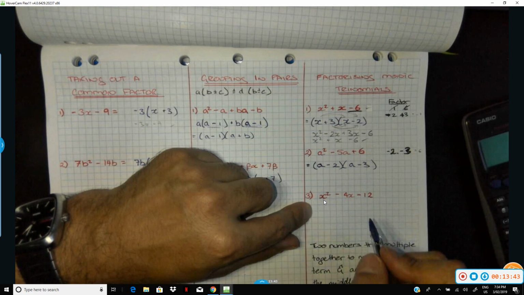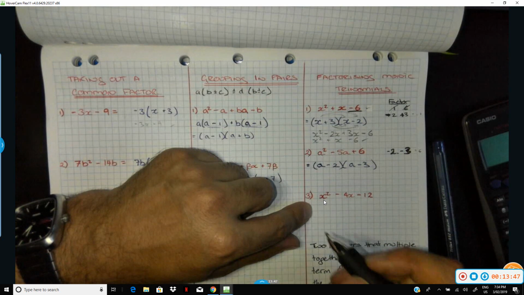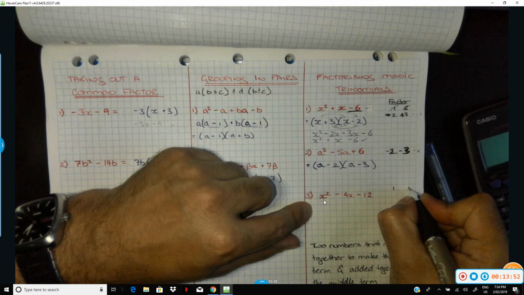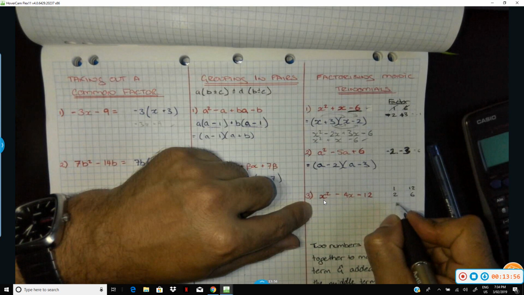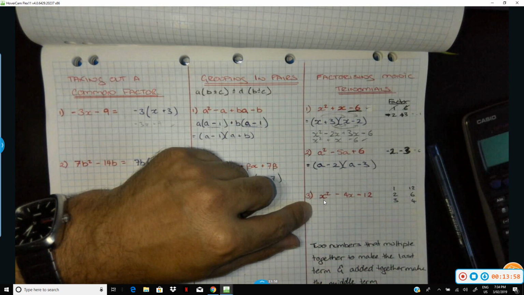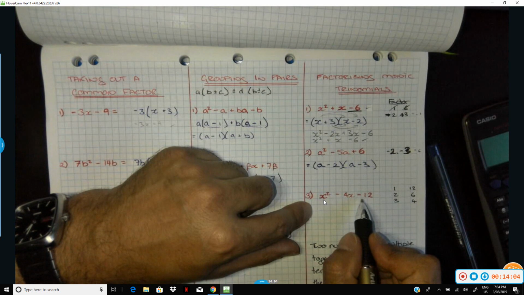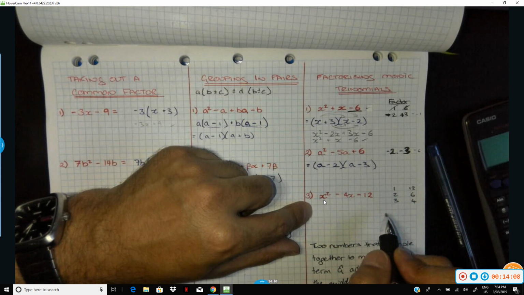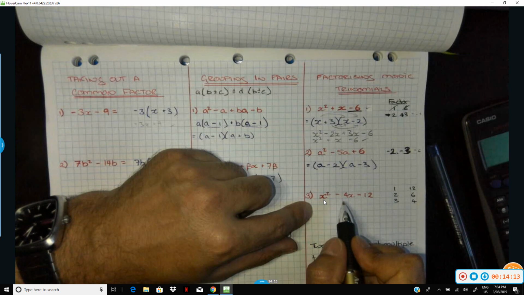Okay. The factors of -12. We have some factors of -12. We obviously have 1 and 12. We have 2 and 6. We have 3 and 4. That's it. So now we want to look at it. It's going to be negative, so one of each combination is going to be negative, but added together give you -4.